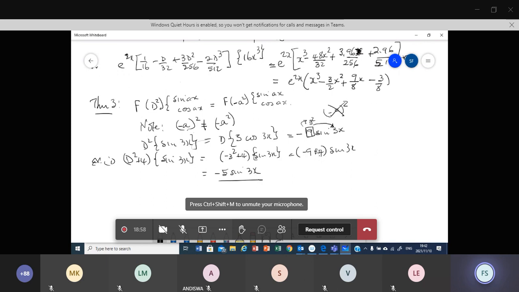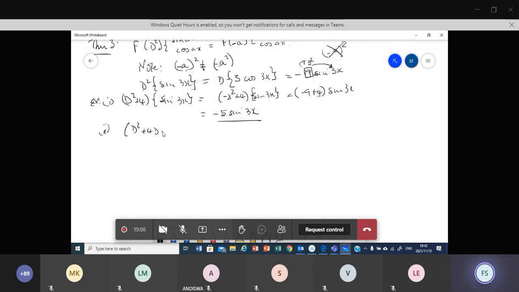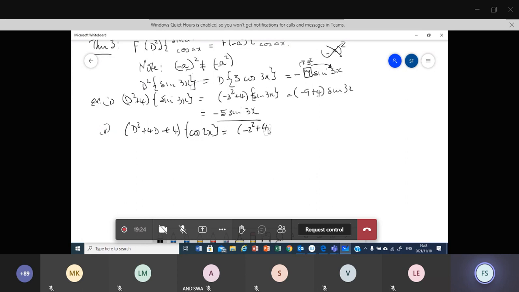Next. Is d squared plus 4d plus 4. The action is on cos 2x. What does Theorem 3 say? There is d squared, on d squared only. D squared becomes minus 2 squared, plus 4d, plus 4. Because d is not squared, we can't apply Theorem 3.